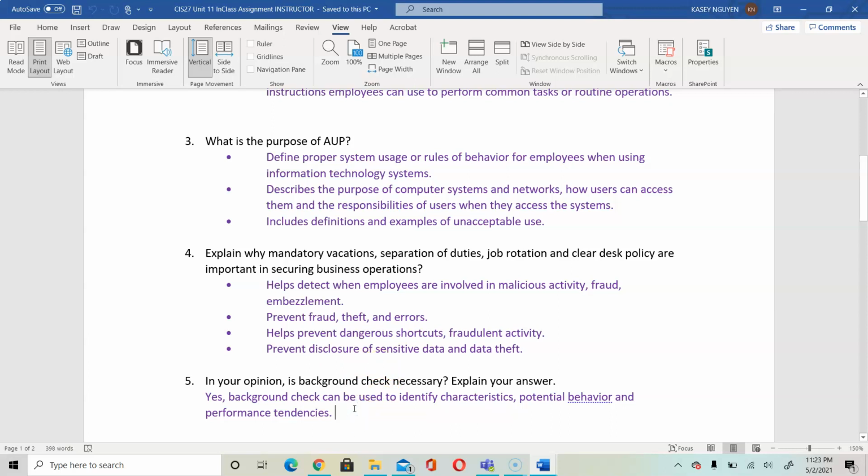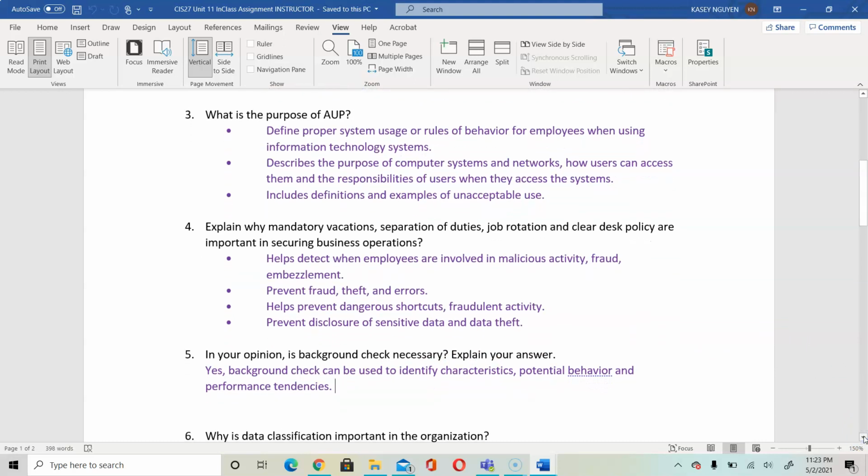So background check helped me understand potential behavior or habits or how that individual might be performing in my organization before I hired that individual. So for question 5, you can state your opinion, but in general, you would see that most companies would require background check because that way they can see how the applicant or candidate would be qualified for the position and what is to be expected of that candidate.